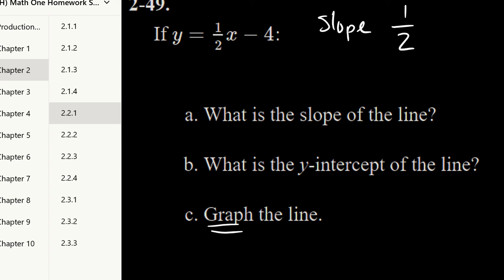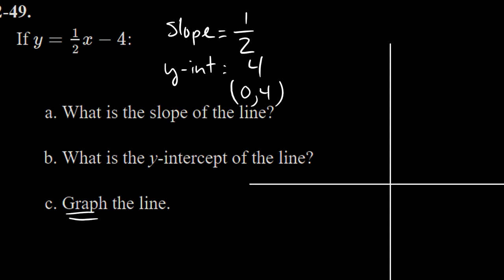So y increases 1 unit every single time x increases 2. And the y-intercept is at 4. By the way, the location of that is x would be 0 and y would be 4. So we got that. Now it's time for the graph. And even though it does say graph, it doesn't say sketch.